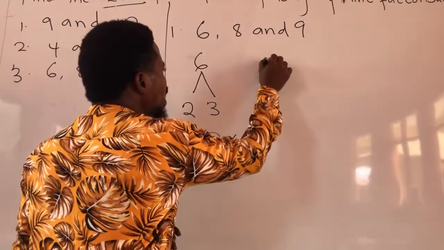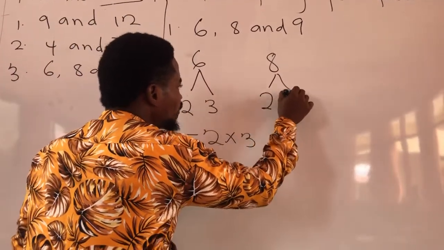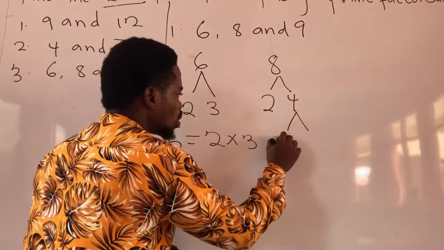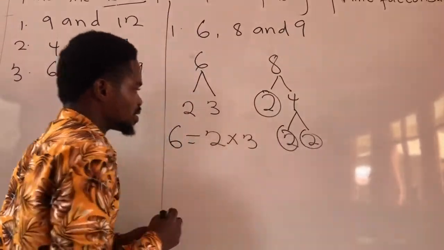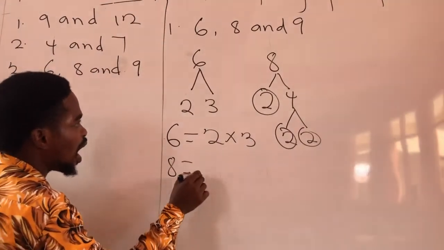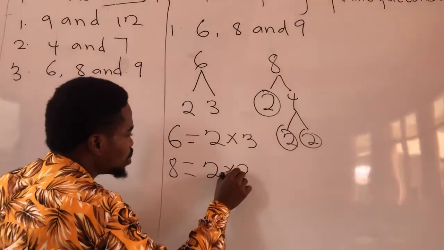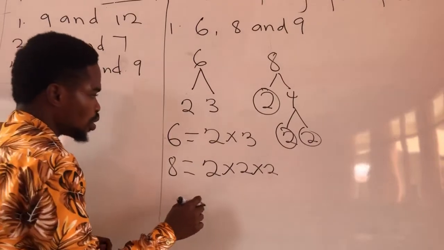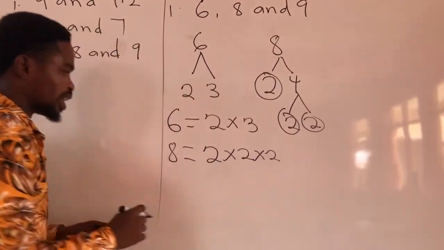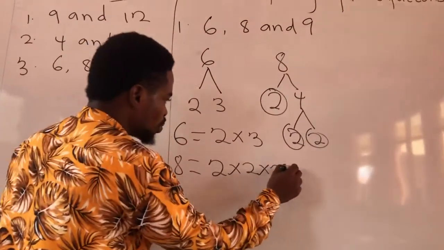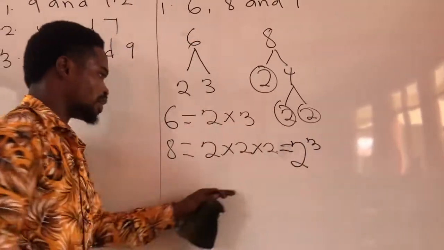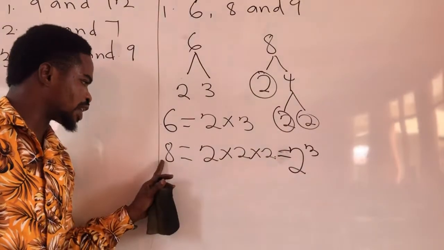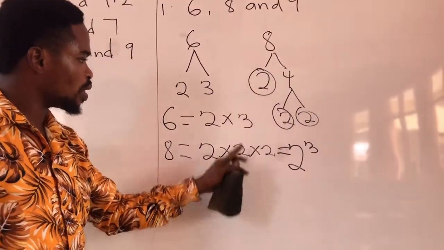Now we come to 8. We break this one out, 2 times 2, we take this and this, which can be written as 2 times 2 times 2. And the prime factorization is written as 2 raised to the power 3. 2 raised to the power 3 is 8, or 2 times 2 times 2.